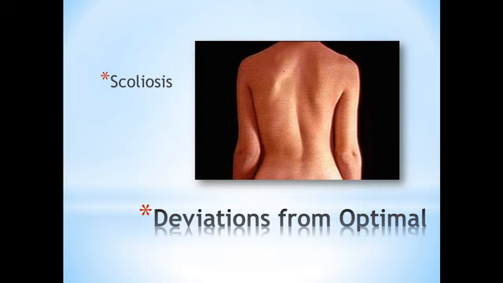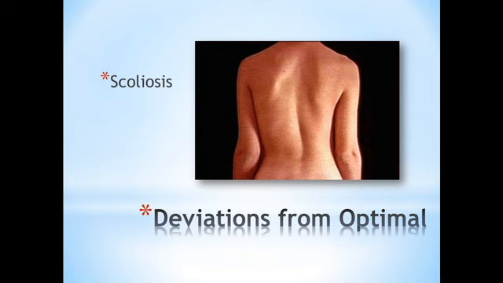Let's take a minute and talk about scoliosis. Scoliosis is really just a lateral curvature, typically in the frontal plane. It can be associated with a skeletal or a muscular dysfunction.